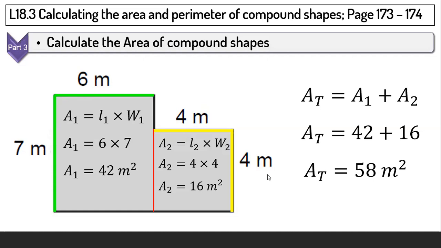Maruf, what's your question? Miss, what about the 3 and the 10? Why didn't we add them? Good question. Why didn't we use them? Because when you split in this way, ya Maruf, they want your length and your width. The 3 here, it's not the total length.